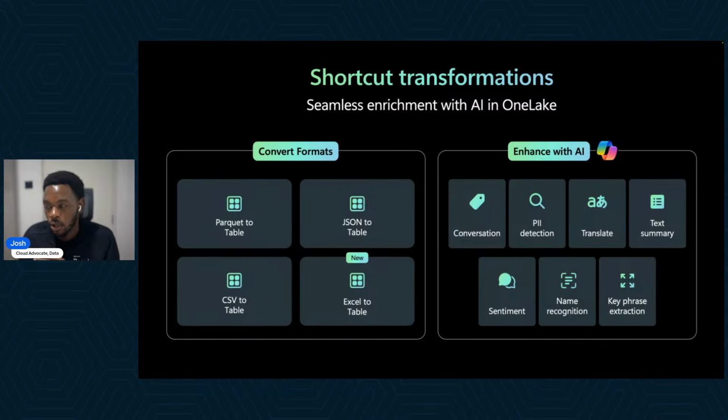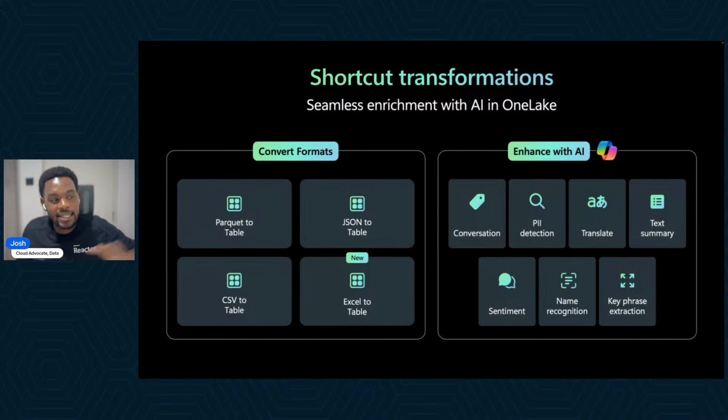We have these 7 capabilities for AI shortcut transforms that are currently available today, where you can do PII detection, translation from one language to another, text summarization, sentiment analysis, key phrase extraction, and you do not have to write a single line of code to do this.